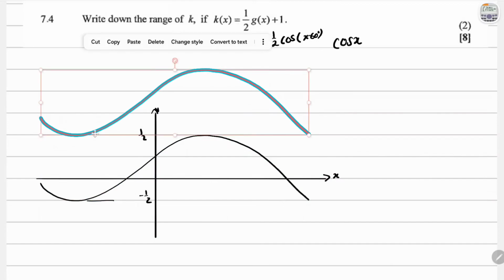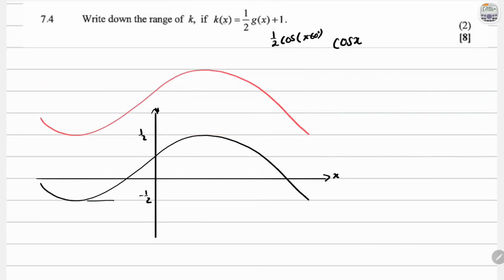And now the minimum y value is at a half. And the maximum's y value, this maximum was at a half, you're just going to add 1 to that. So plus 1 would be 1.5, which is 3 over 2. So it means that it reaches a maximum of 3 over 2 and a minimum of a half. That's what it's going to look like.